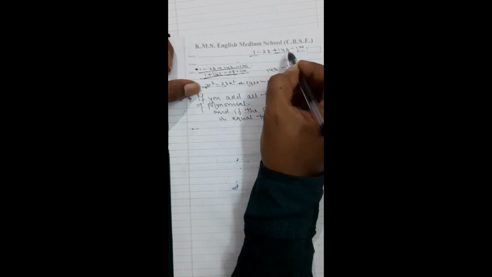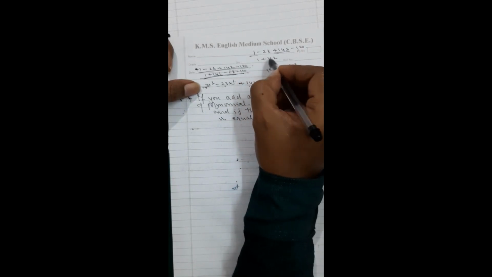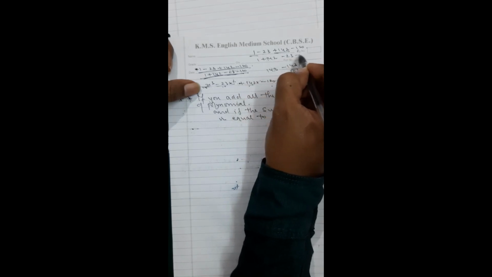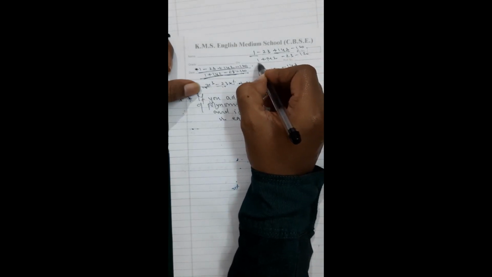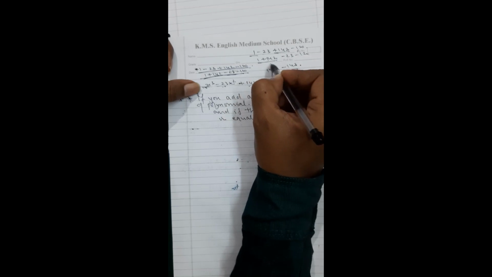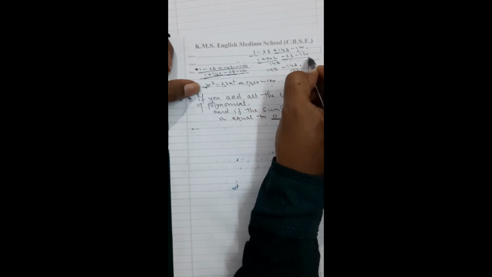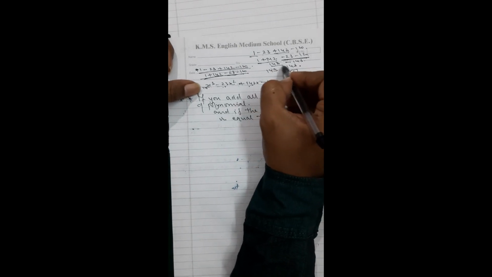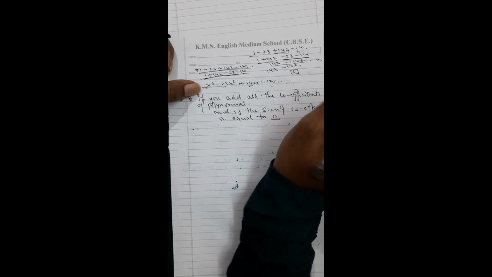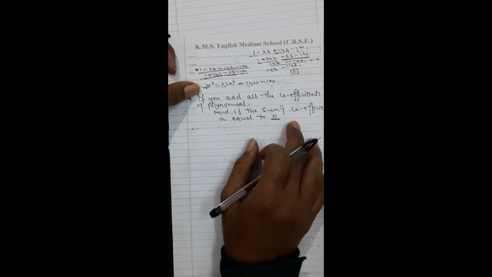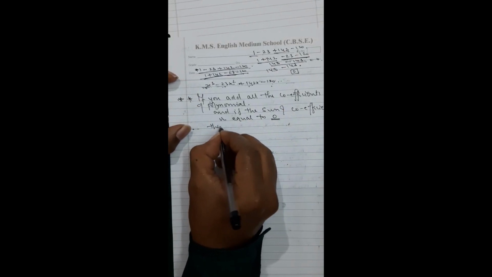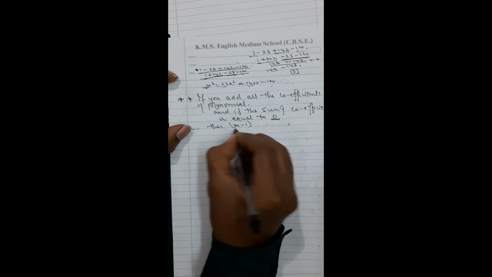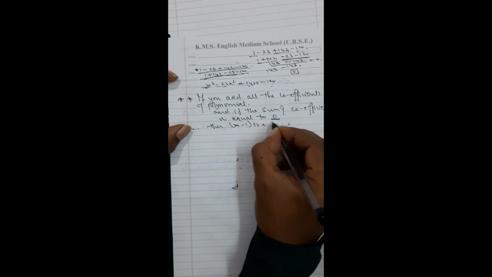First I'll bring together 1 plus 142 and minus 23 minus 120, because here I will have to add this. It will become 143. This also will be added, but the sign will be minus, so I get minus 143 over here. 120 plus 23 is 143. And 143 minus 143 is equal to 0. The sum is equal to 0. If the sum is equal to 0, then remember my dear students, x minus 1 is a factor.